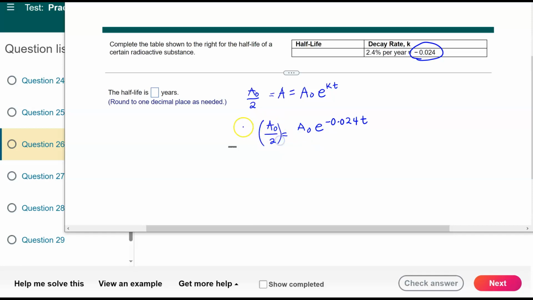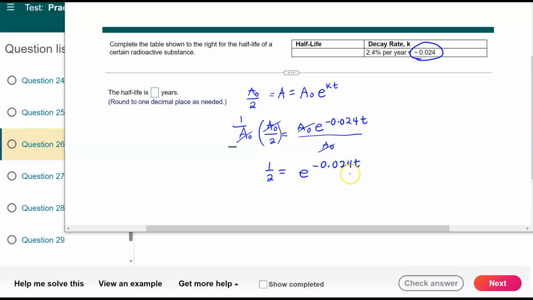So we can cancel A sub 0 by dividing both sides by A sub 0, or multiplying both sides by 1 over A sub 0. So you have 1/2 is equal to e to the negative 0.024 t.